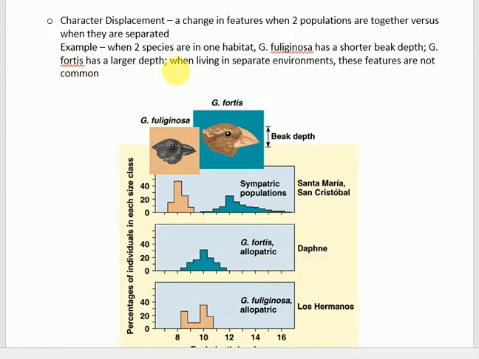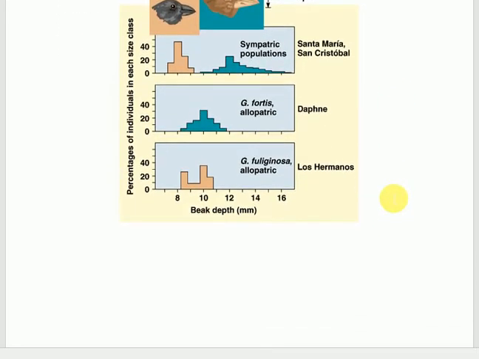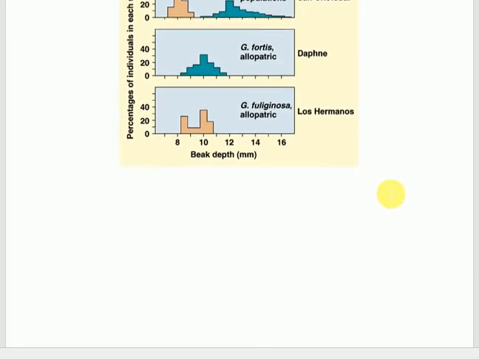When they live in separate environments, these features are not common. So you can see here, these are different areas that they looked at. This area right here, both birds live in that area, and this is their beak size versus here, when they are separate, everything changes. So that is character displacement.